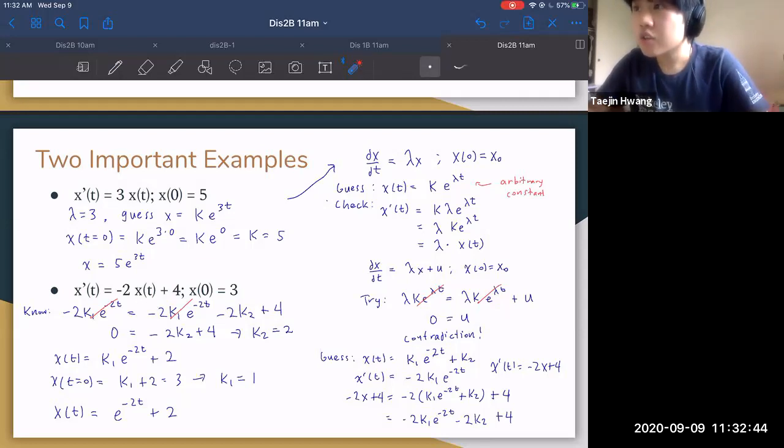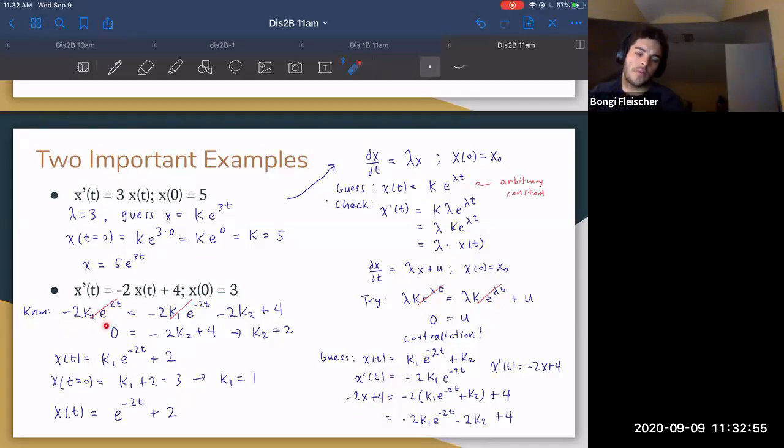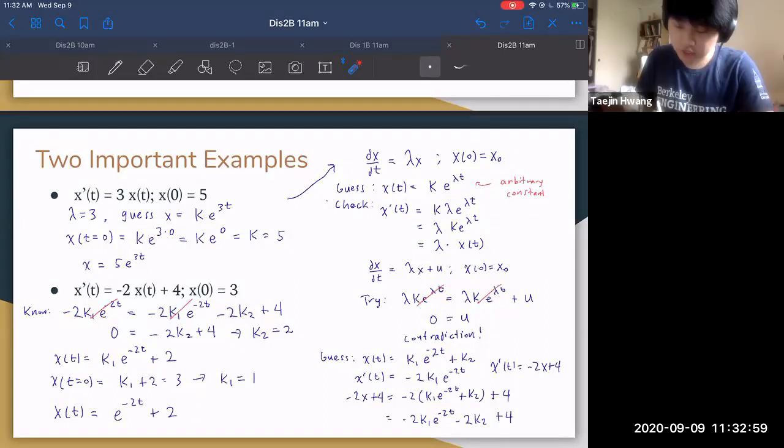Essentially, how would you show the check line for the part above? I think the check line was kind of right here, where we set the two equal to each other. So once we set these two equal to each other, we check that minus 2k1 e to the minus 2t is equal to this quantity, plus this quantity over here, minus 2k2 plus 4.